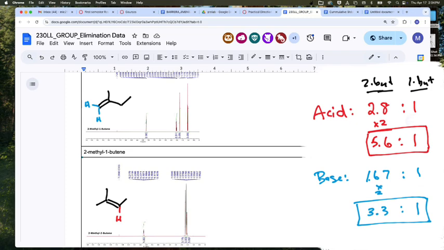So what we have to do is put it into a level playing field by doubling one or halving the other. Either way we do it, we're going to get to the same ratio. I just feel it's easier to double. Does that make sense? We on the same page?